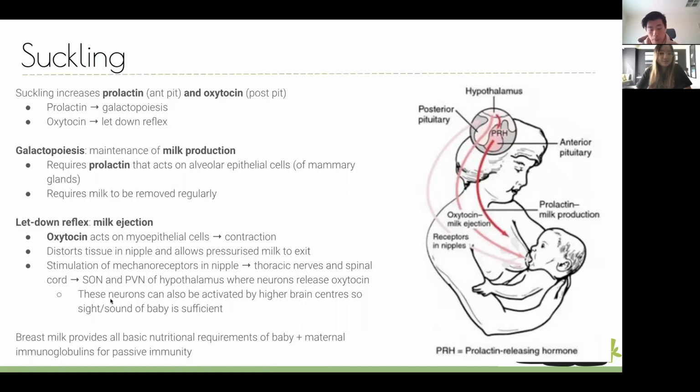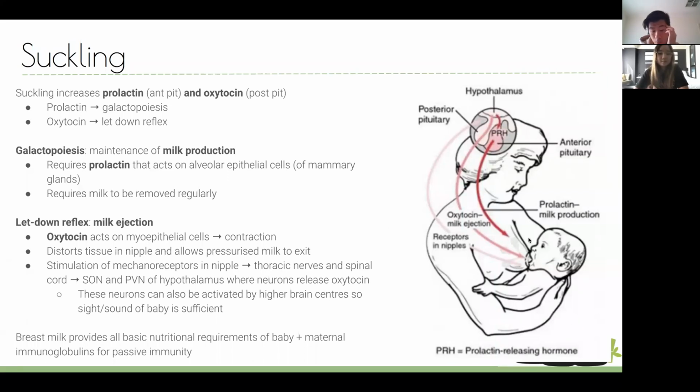For the letdown reflex, it's actually a positive feedback loop. So the oxytocin acts on the myoepithelial cells, causing contraction, allows the milk to exit, and then the child drinks, and the receptors on the nipples will send signals to your hypothalamus again, which will cause release of oxytocin by the posterior pituitary again.